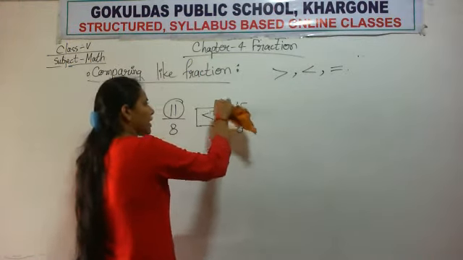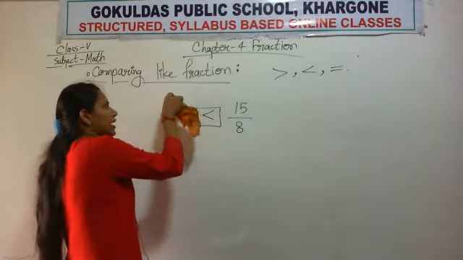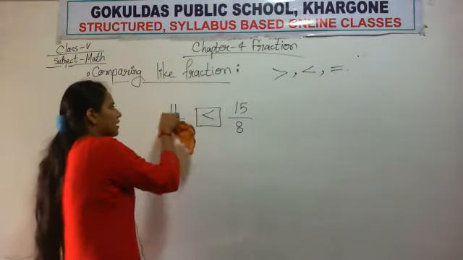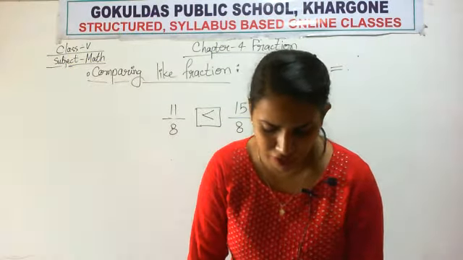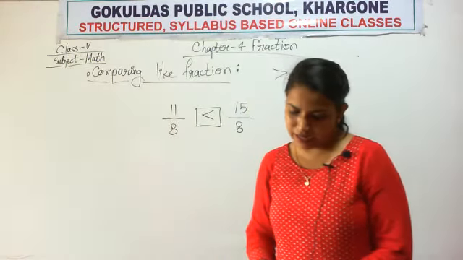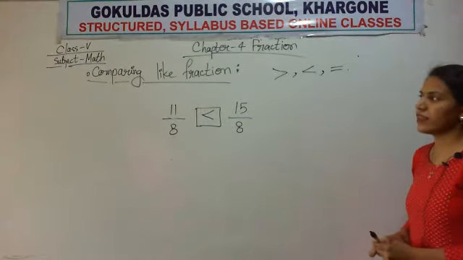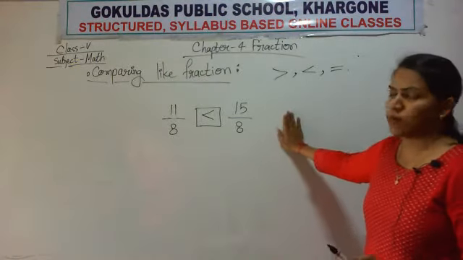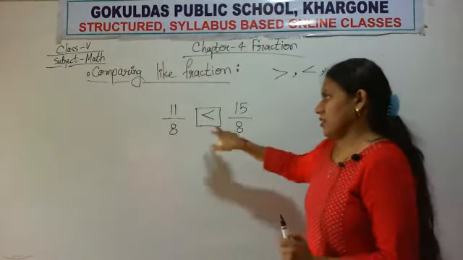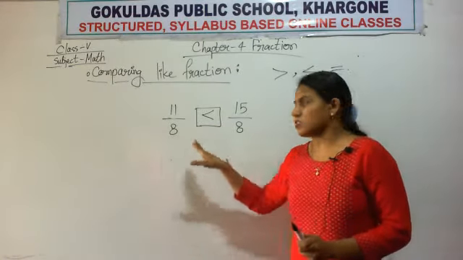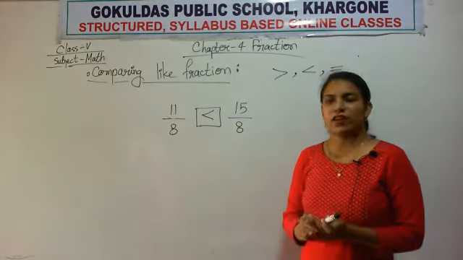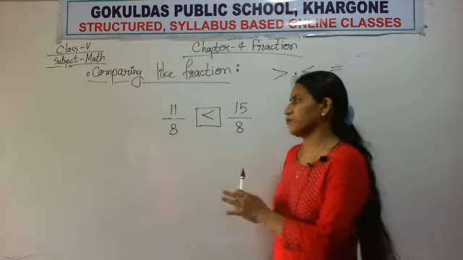So we conclude that 15 upon 8 is a greater fraction than 11 upon 8. Understand this concept? How to compare like fractions? First of all, we check the denominators of both fractions. If both denominators are equal, they are like fractions.